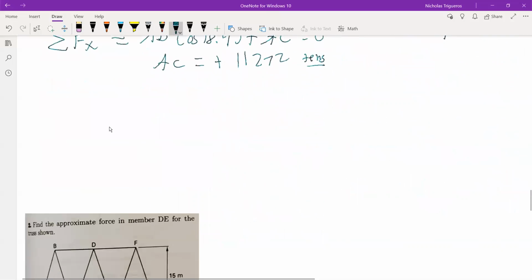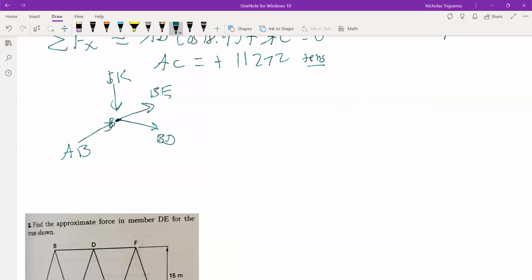Literally, this is what it's going to look like. You're going to have point B right here. You have BE going this way, BD going this way, and AB coming this way. And BC going straight down, and then a 5K up here.